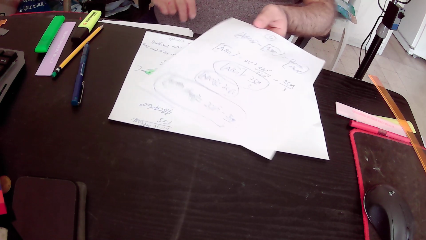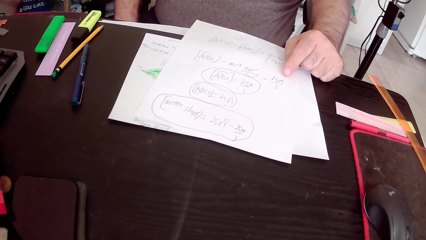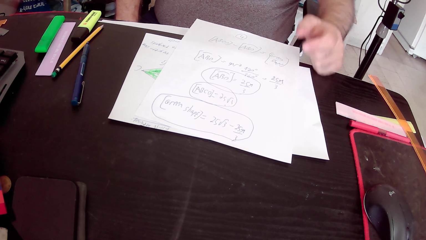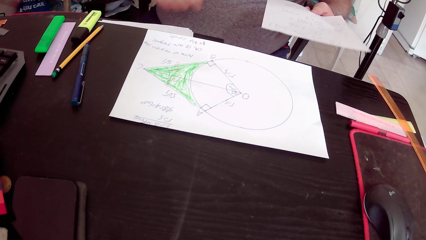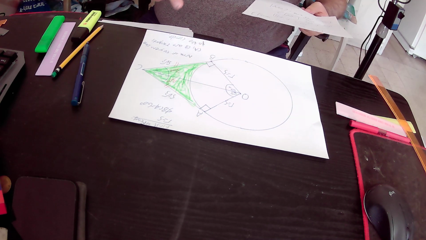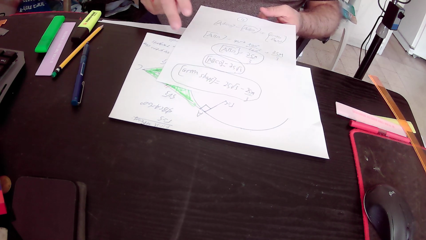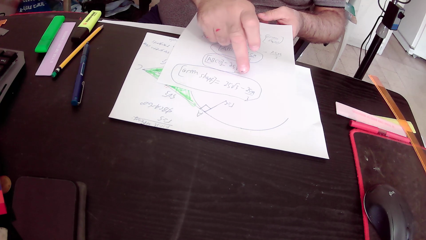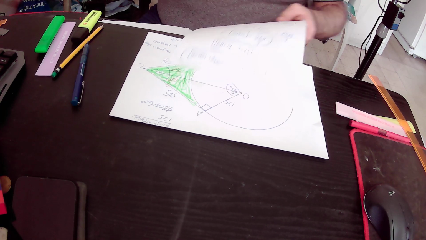That is to say, the area of sector ABO equals 25 pi over 3 square units. So the area of the green shape equals 25 times root 3 minus 25 pi over 3 square units.